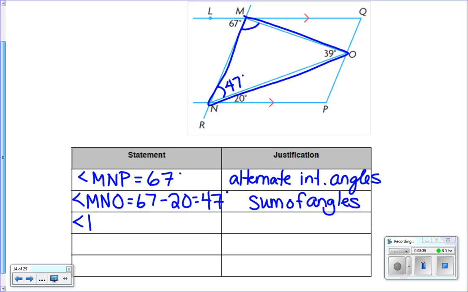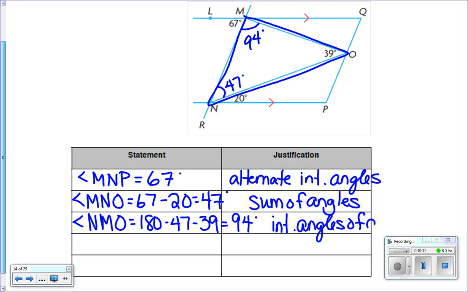So angle NMO must be equal to 180 minus 67, minus 47, minus 39, and that's going to give us a grand total of 94 degrees. So this angle here must be 94. Now, what's the justification? What did we do? Well, we remembered that all the angles in a triangle add up to 180. So we can just say that's the interior angles of a triangle add to 180.